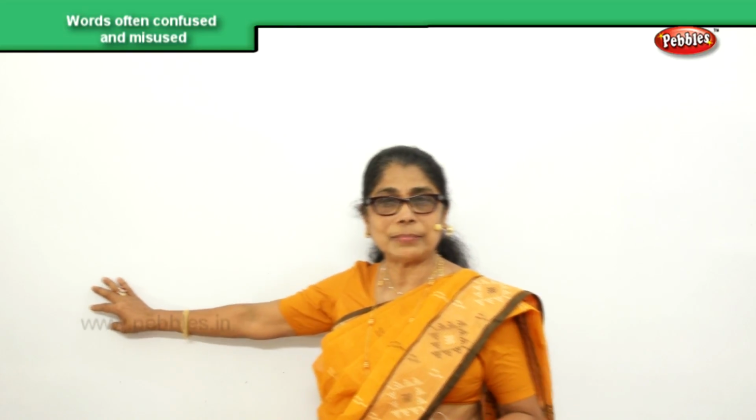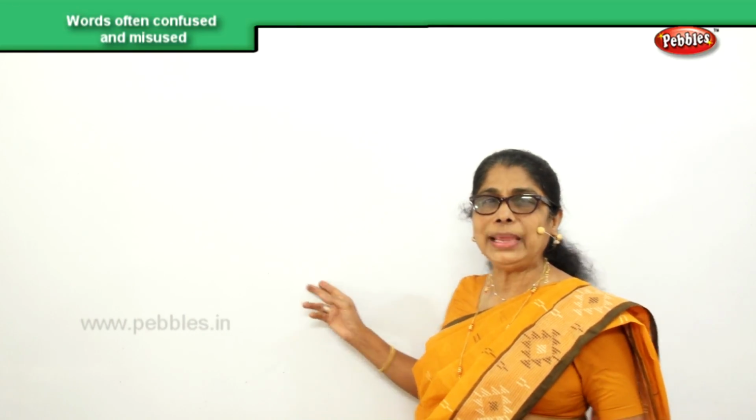Because these homophones sound the same but the spellings are different, when we write and speak we can get confused. We may use the wrong word, not knowing the meaning correctly. So that's what we are going to look at now.